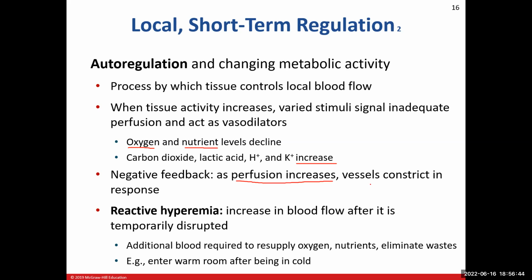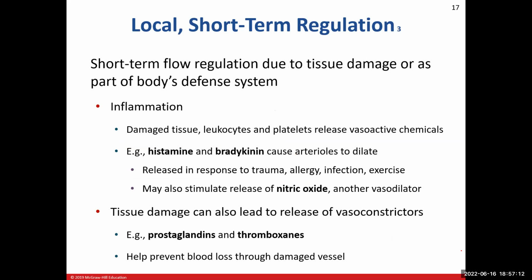We've interrupted the blood flow there, but when we release the pressure, we increase blood flow to that area because we want to get all those nutrients, the supply of oxygen, anything else into that area. At the same time, the increase in blood flow is going to wash away the wastes there. So that's just a nice small example of that.